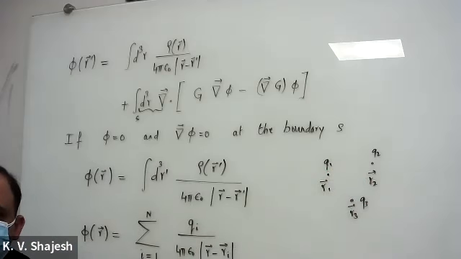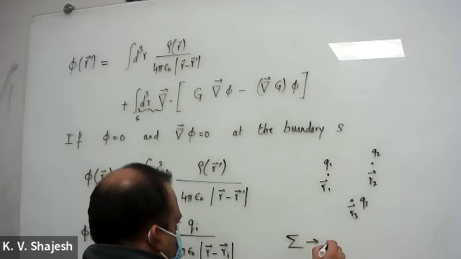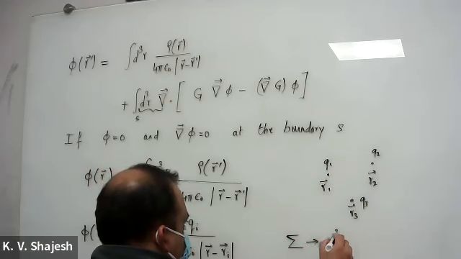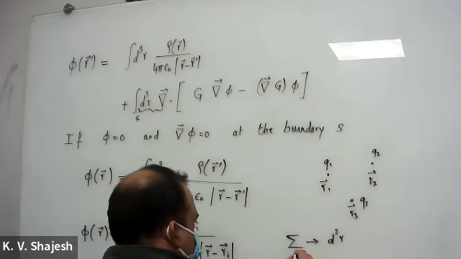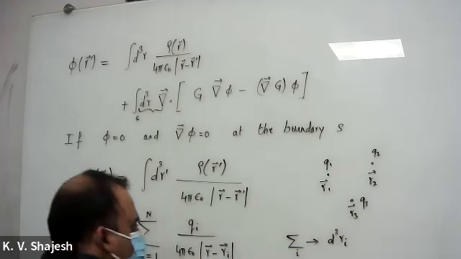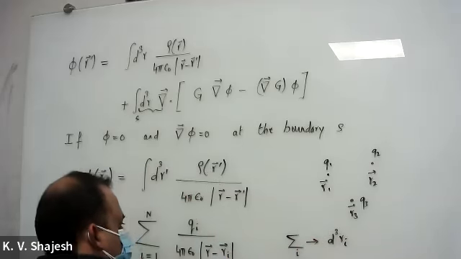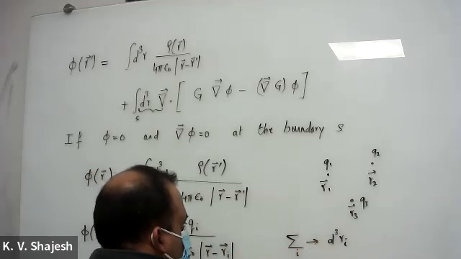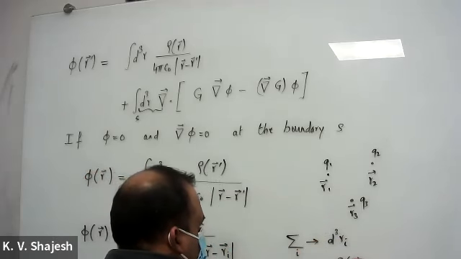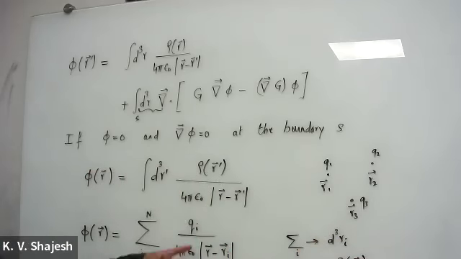If it's a continuous charge distribution, you have to replace the summation with an integral. So this gets replaced with d cube r, and Ri gets replaced with r prime. And Qi gets replaced with rho, because now there is a volume integral, which is exactly what you get here.